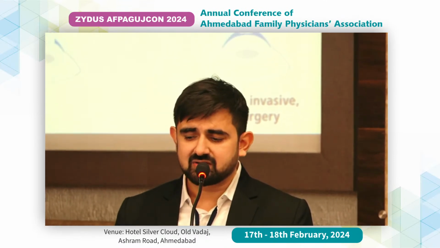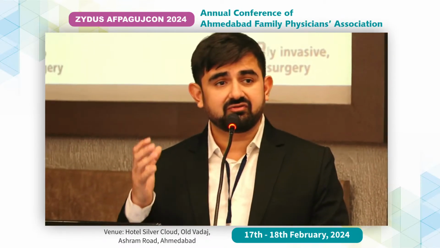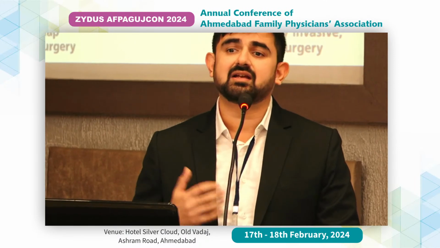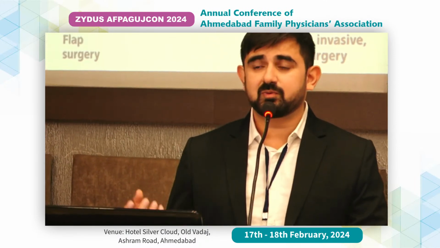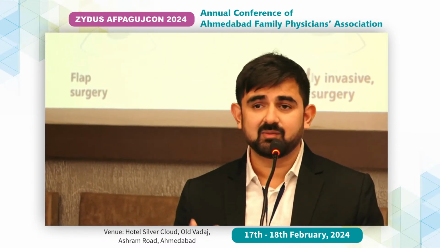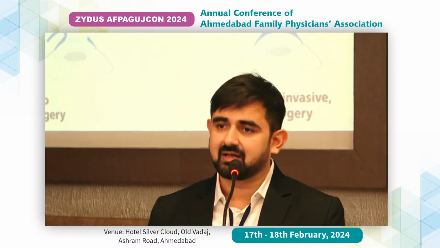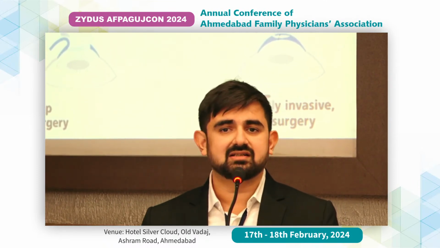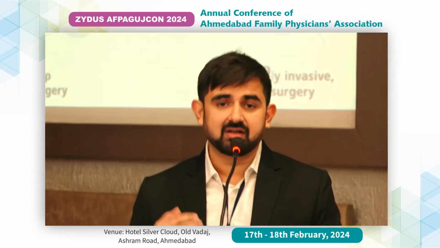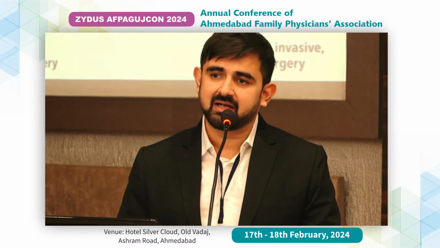Surface ablation means we do it on the first layer of the cornea, that is the epithelium. Then the most popular, even right now, is the LASIK procedure, which we do on the third layer of the cornea by creating a flap. And the third generation, which is now relatively popular, is the SMILE.